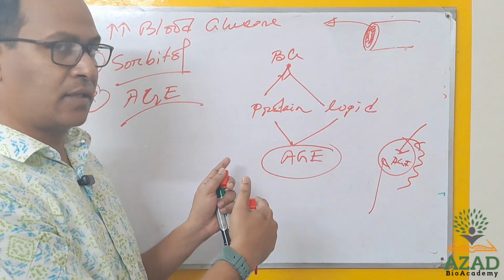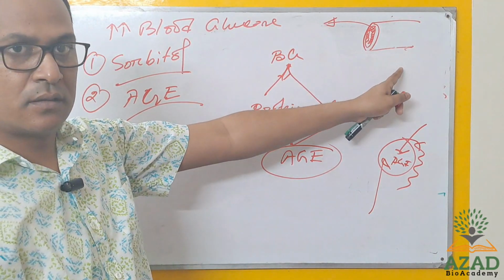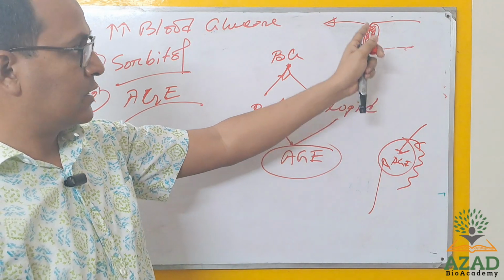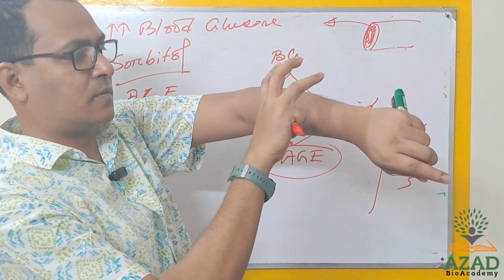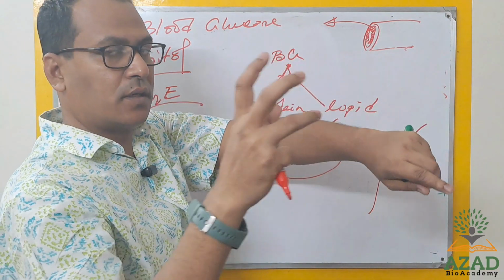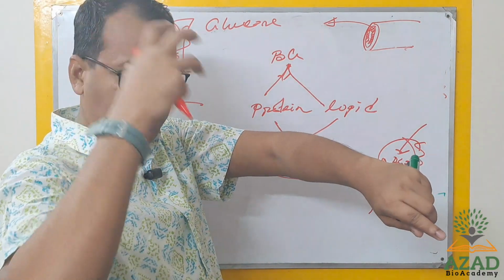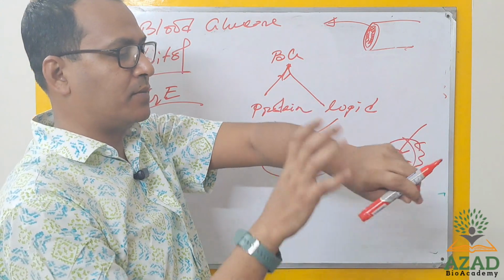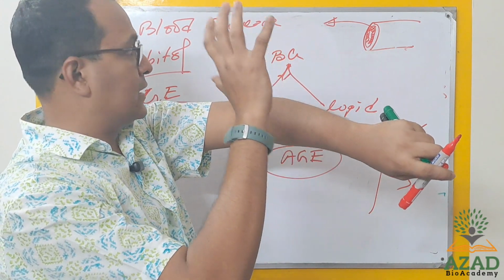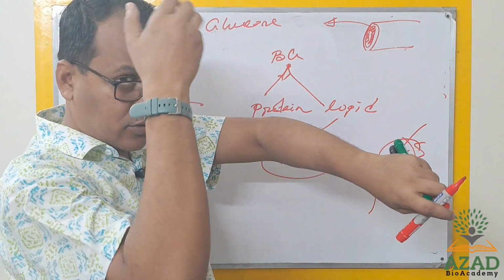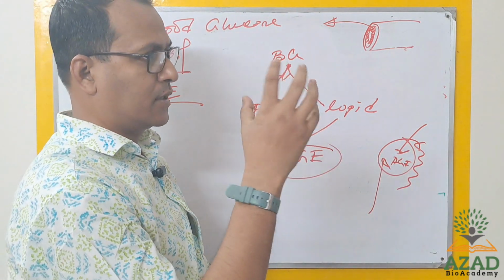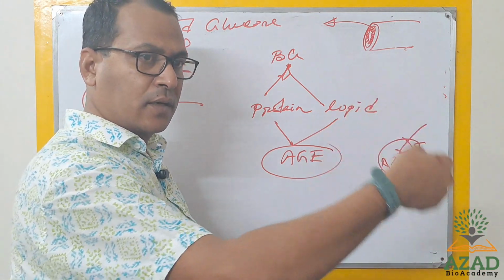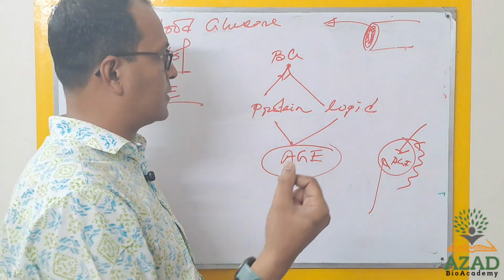As I said, in your blood vessel endothelium, your pericyte, the blood vessel is wrapped up like that, and the astrocyte in your brain is just wrapping up your blood capillary in the brain, and it acts like a blood-brain barrier.